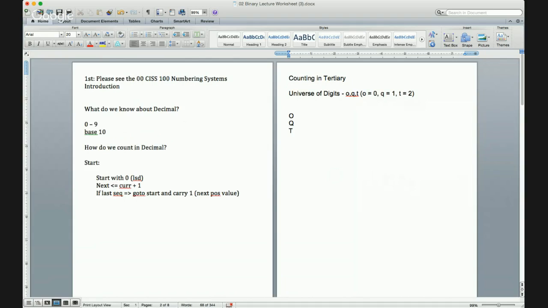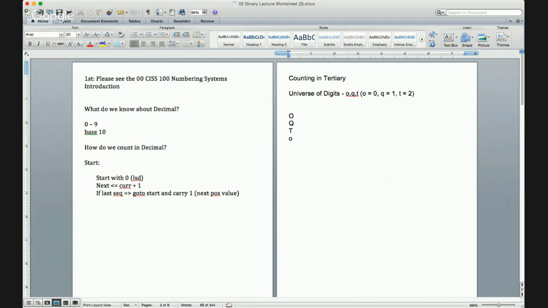And now we get to where the fun begins. T plus 1, or in this case, T plus Q. And again, I'm sure at least half the class will move left to right, but our algorithm states we should move right to left. T plus 1, well, is there anything for 3? No, right?